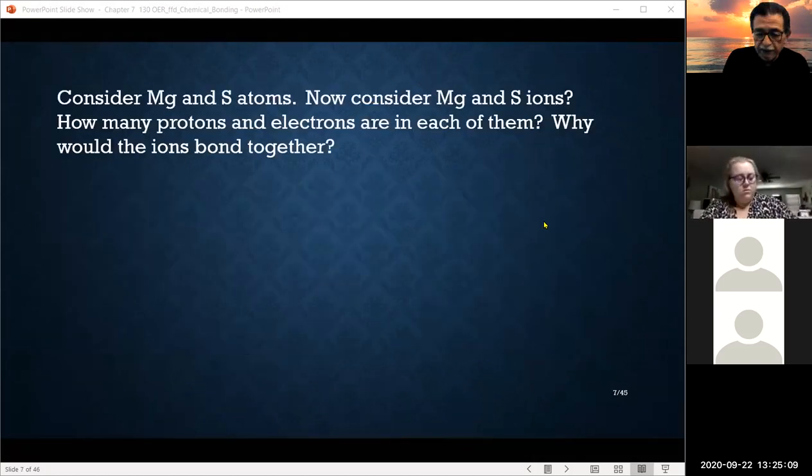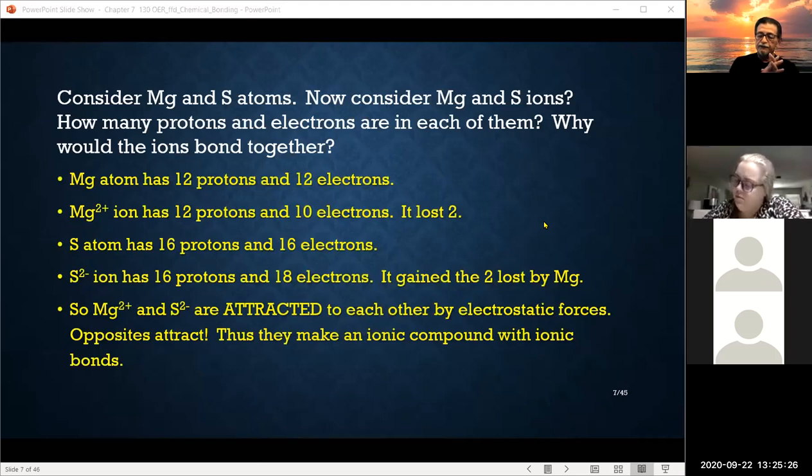Now, consider magnesium and the sulfur atoms. And then we're going to look at the magnesium and the sulfur ions, which is now called sulfide. And so if we look at magnesium, it has 12 protons and 12 electrons.